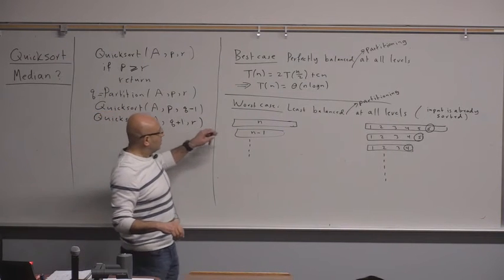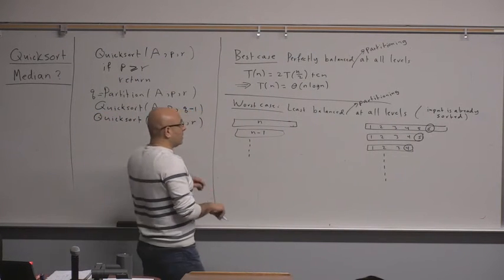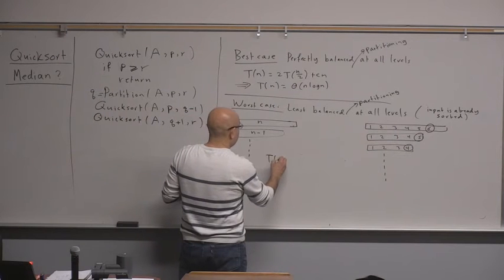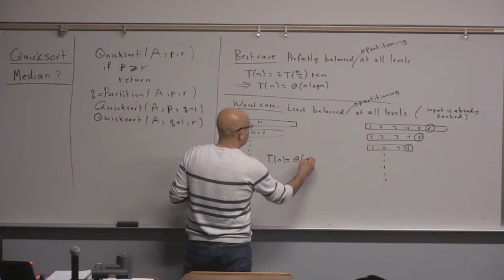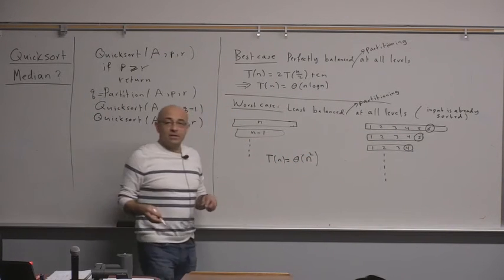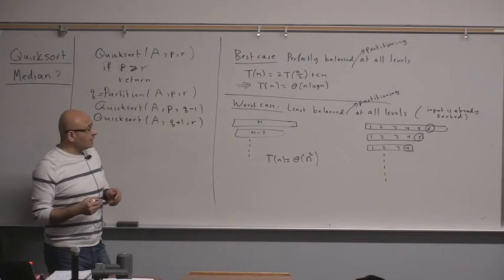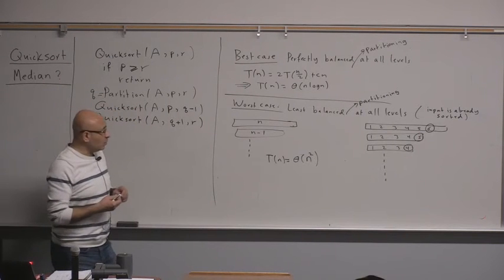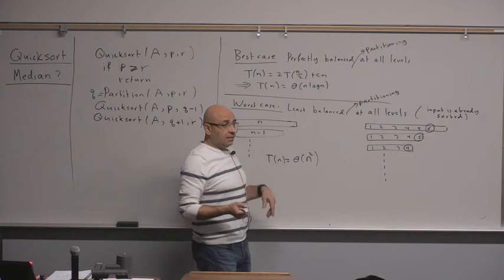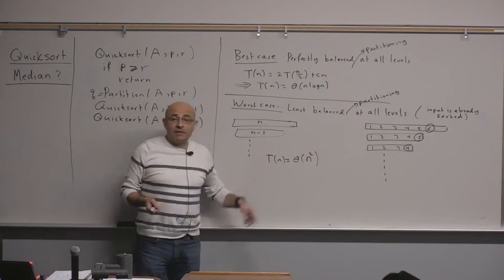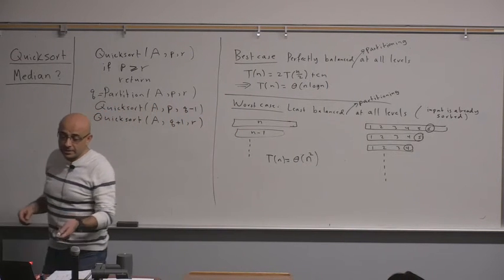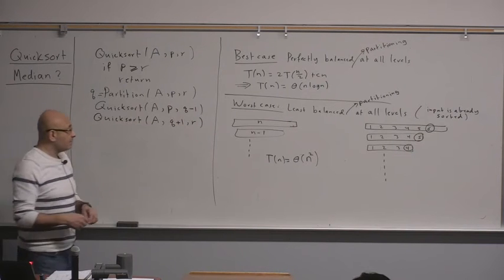Now, we analyzed this last time and we concluded that T of n in this case equals theta of n squared. So that was the last thing that we did last time, concluding that it's theta of n squared. But theta of n squared in sorting is as bad as it can get.